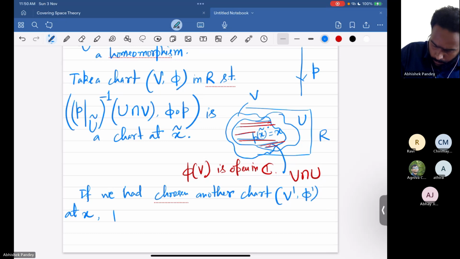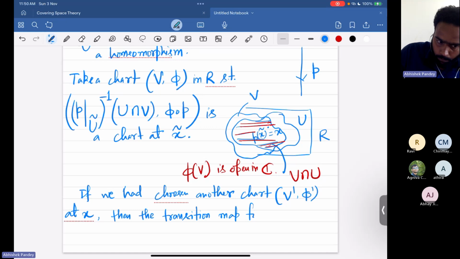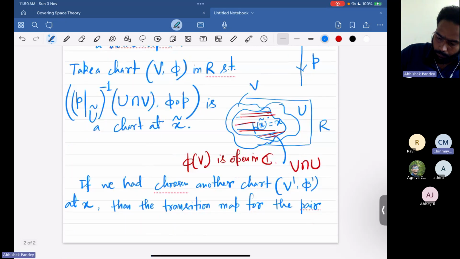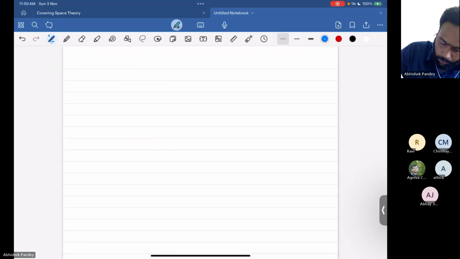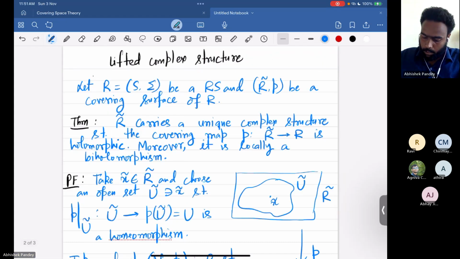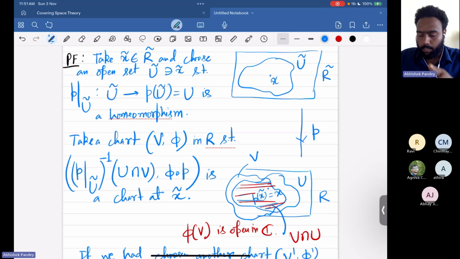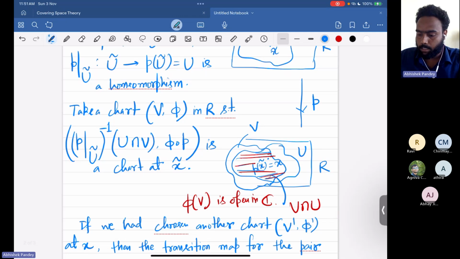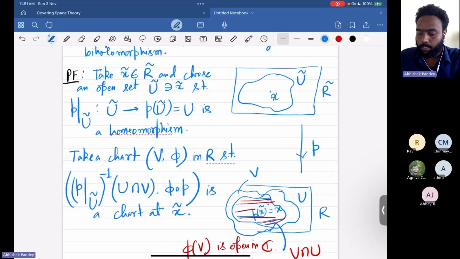So the transition map for the pair. The first pair is P restricted over U tilde, the inverse image of V intersection U, with phi composed with P. If you choose a chart V comma phi, you will get a chart in R tilde around x tilde.